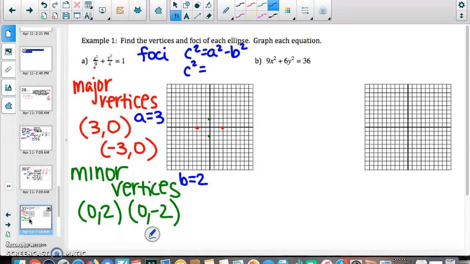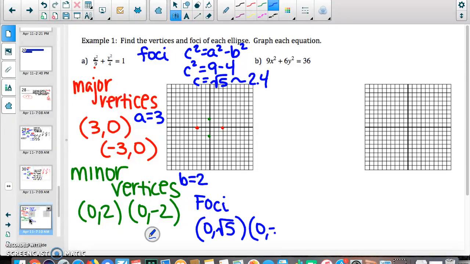And plugging in my values, I'll get 9 minus 4. So I'll get the square root of 5, which is just about 2.4 for graphing purposes. So my foci are going to be along the x-axis, since that's where my major axis is. And this is what I get for my foci.